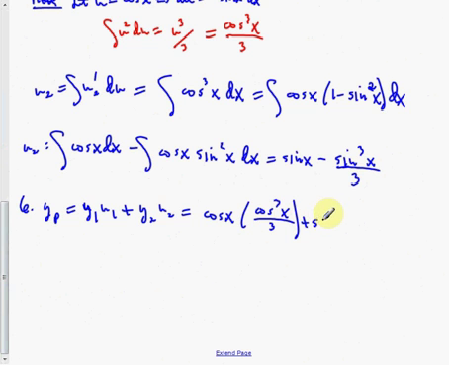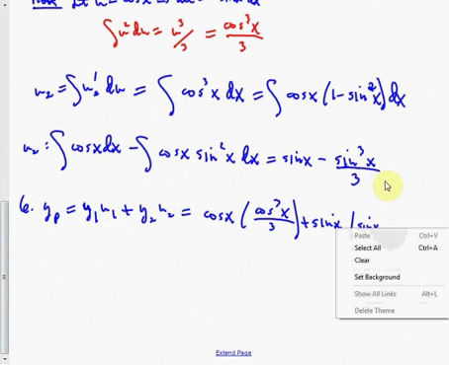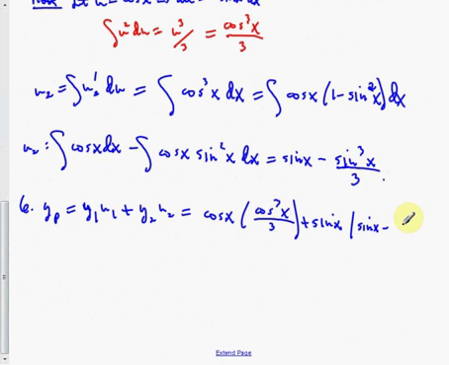Plus sine x, that's y sub 2, times u sub 2, which is this expression here, sine x minus sine cube x over 3. Simplify that.